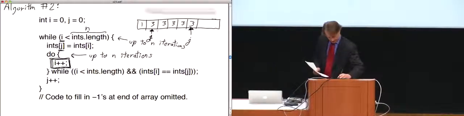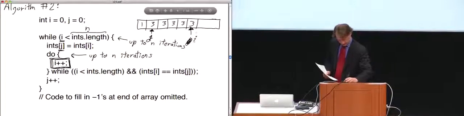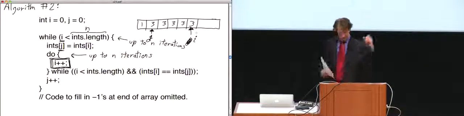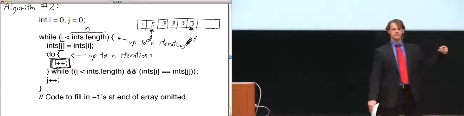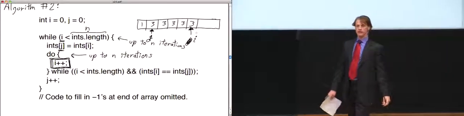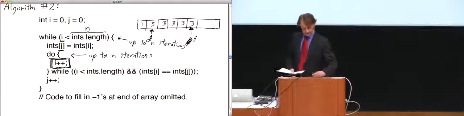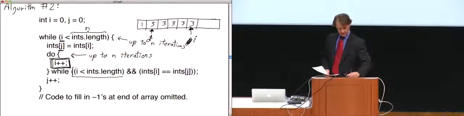Oh, I'm sorry, I got my indices backwards here. J is this one here, and I is this one out here. So I is going to advance every single time I look at an element of the array, or iterate the inner loop. And the inner and outer loops both always quit when I is equal to n.